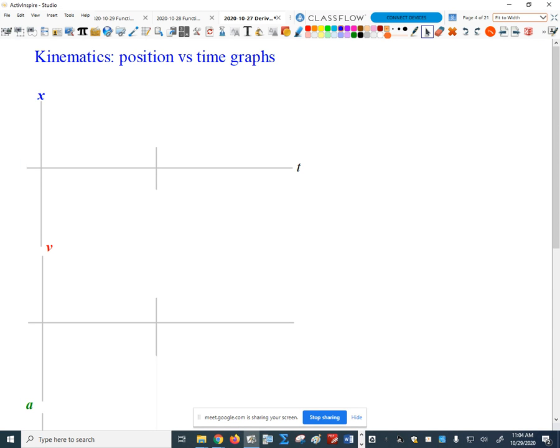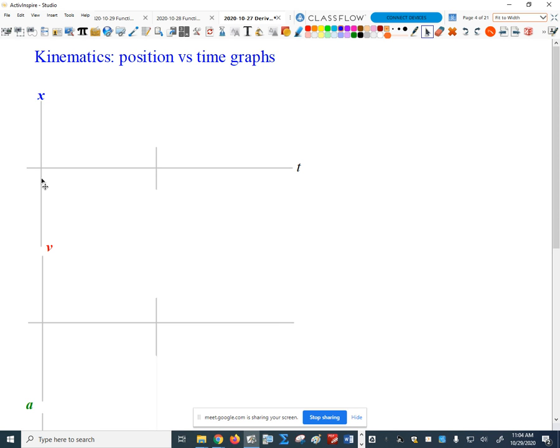I started off to the left of the 0 line, didn't I? Give me a thumbs up on that. That makes sense? Okay, after whatever it was, like 2 seconds, I ended up to the right of the pencil sharpener, so I ended up at some positive position, right? So what's that going to look like on my graph up here?